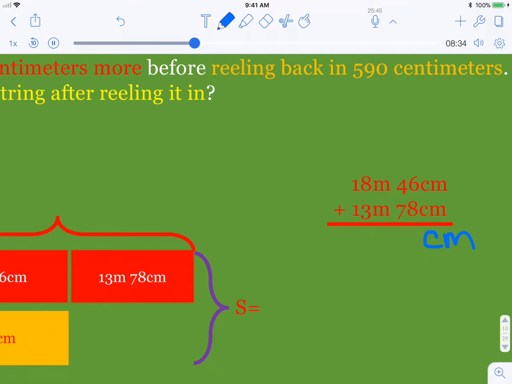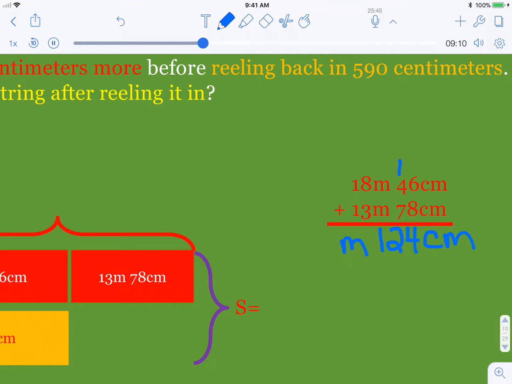Centimeters. 6 plus 8 is 14, carry my 1. 7 plus 4, that's 11, plus 1 is 12. So I have 124 centimeters.